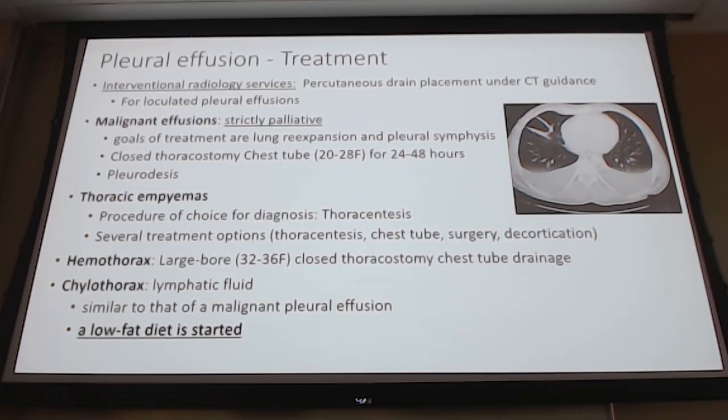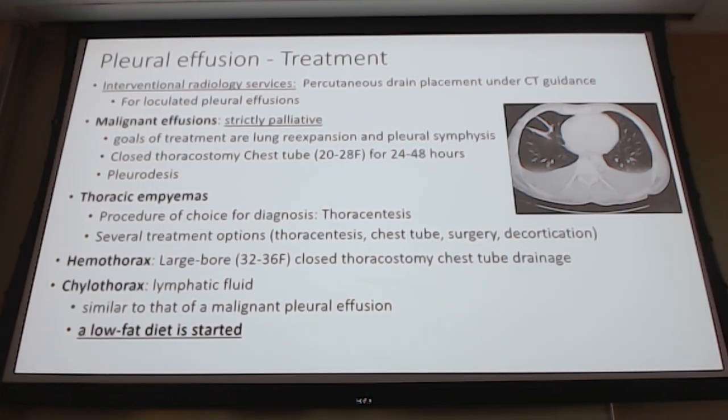When we start talking about empyemas, I know we haven't talked about what an empyema is yet, but it's basically an infected pleural effusion. It's walled off. It's basically a nice abscess of the pleural space. Okay. We treat those by thoracentesis and/or chest tubes.